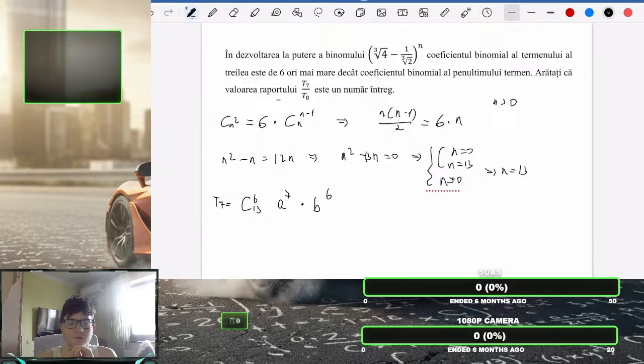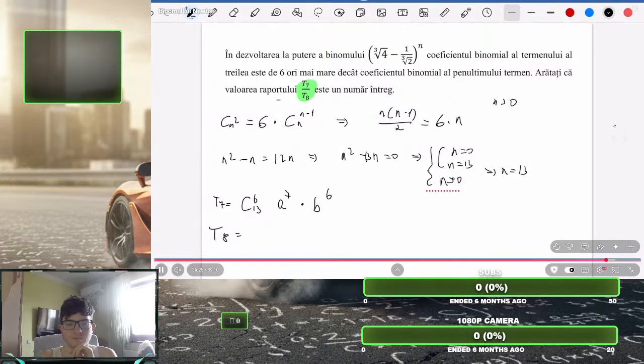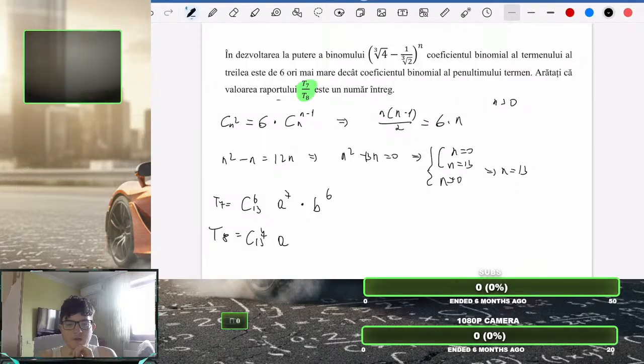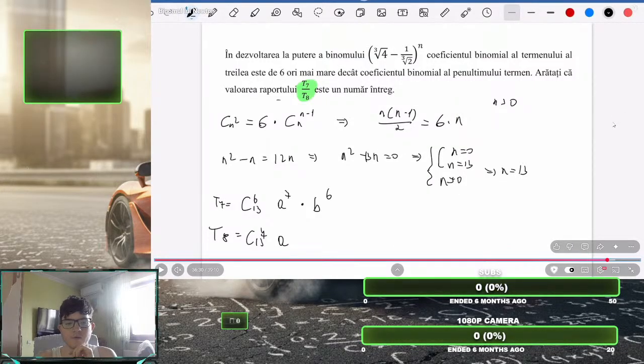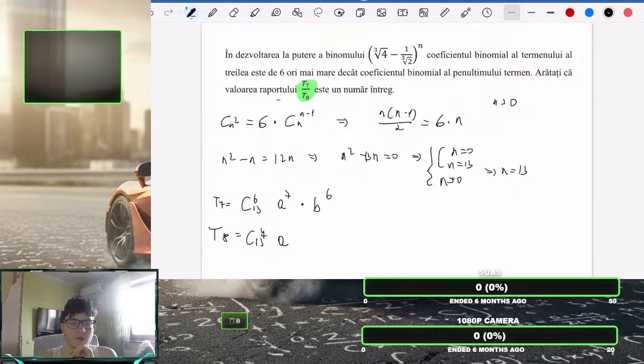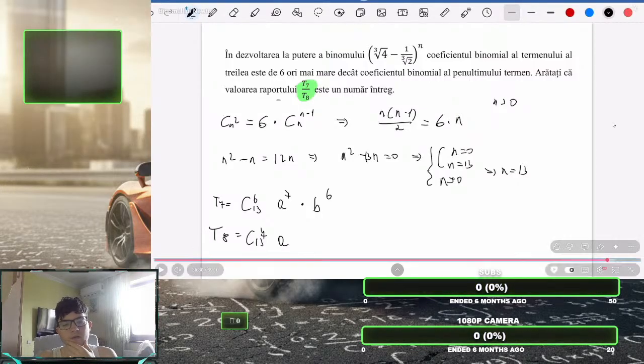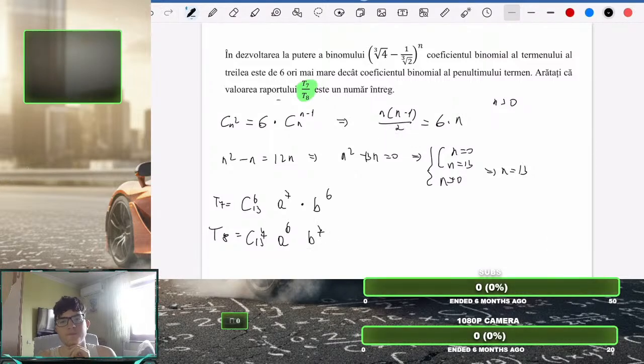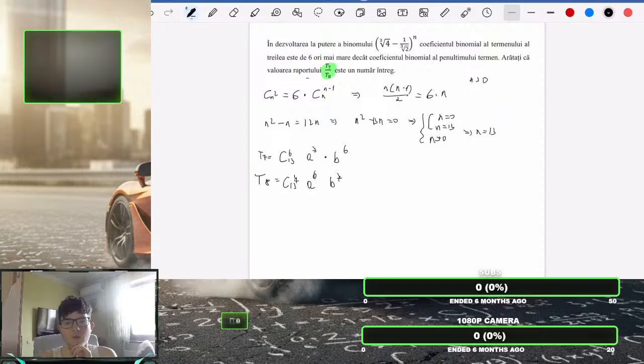Now what? We do the same thing for T8? Or we just calculate the C? So this is T8. It's gonna be A at the power of 6 and B power of 7. Okay. Now what?